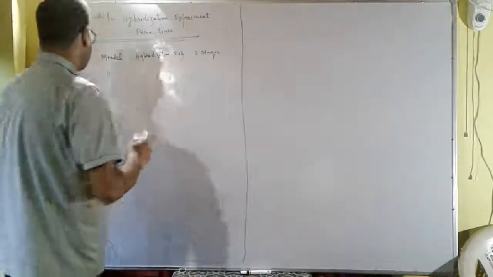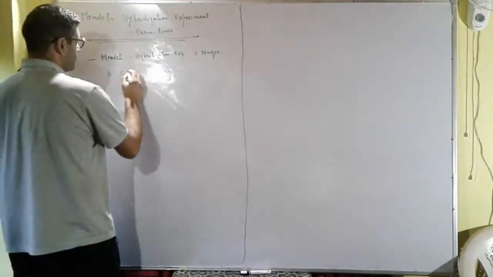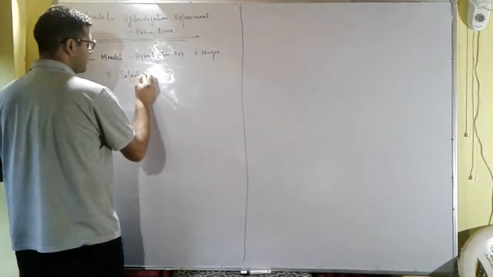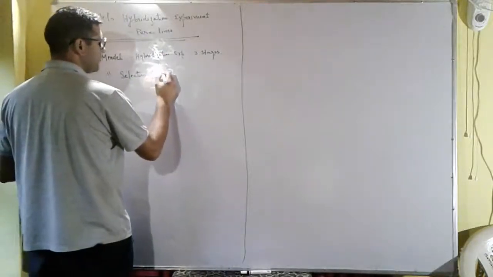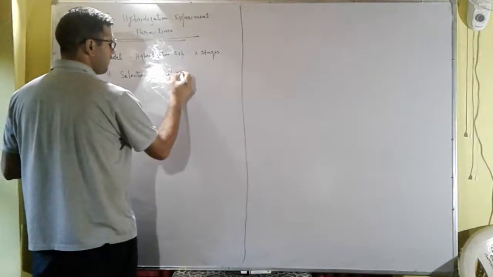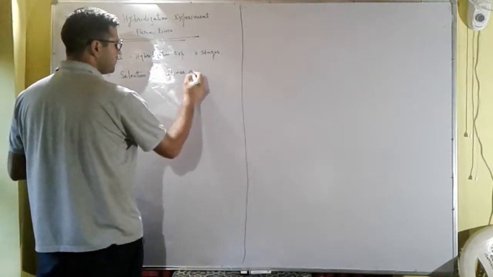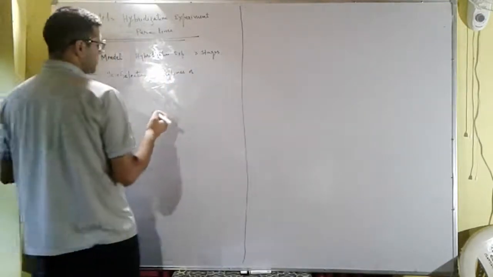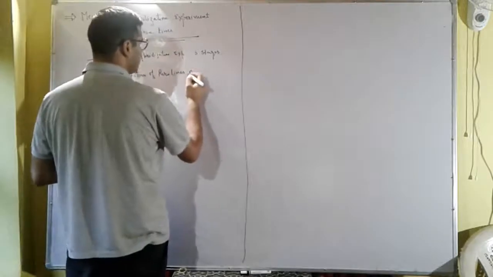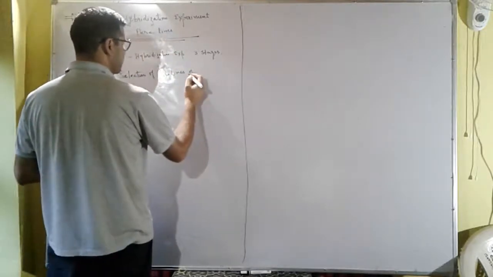First was selection of pure lines, or true breeding plants.